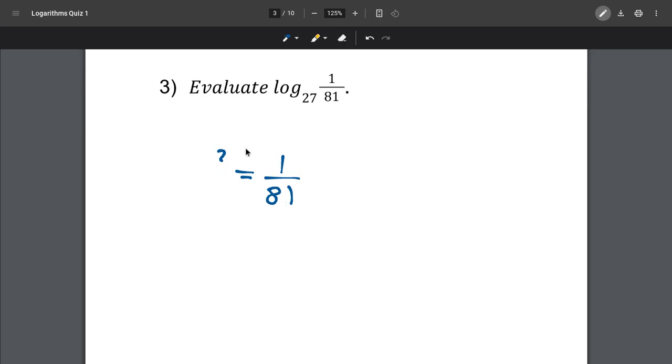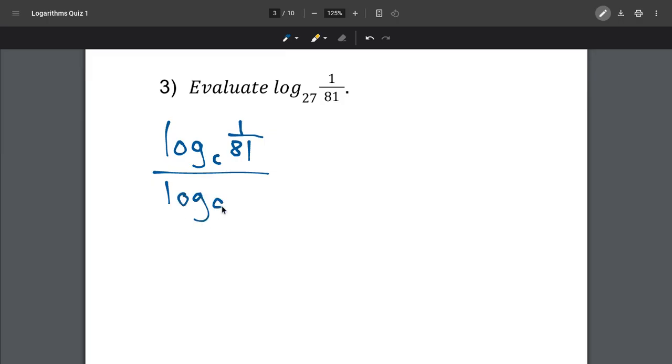So what we're going to do is also the change of base rule here. So we're going to say log with some base c of 1 over 81 over log some base c of 27. That's what we're going to need to figure out.